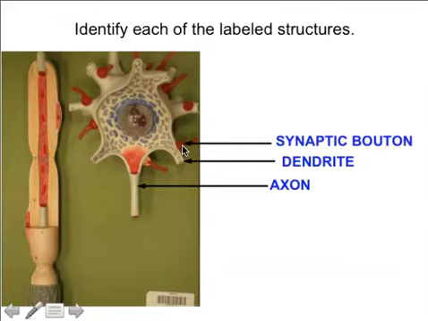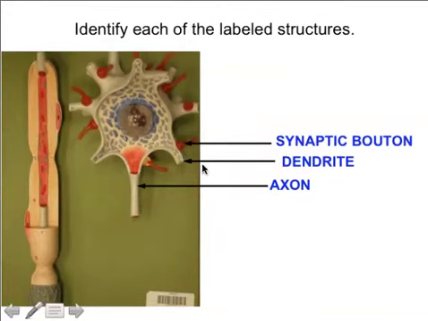This is the structure that stores vesicles filled with neurotransmitter, which upon receiving the action potential from the axon will release the neurotransmitter, it'll hit the dendrite, and then depending on whether it's an inhibitory or an excitatory stimulus, you'll either prompt the membrane to move more towards firing or away from firing. Okay, all depends on the nature of the neurotransmitter released by this particular bouton.